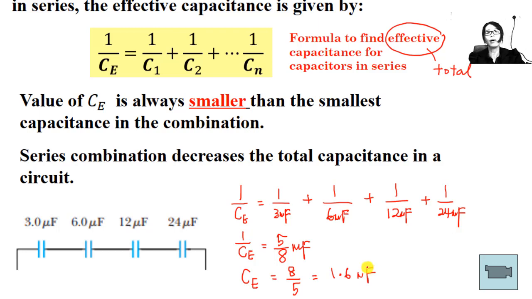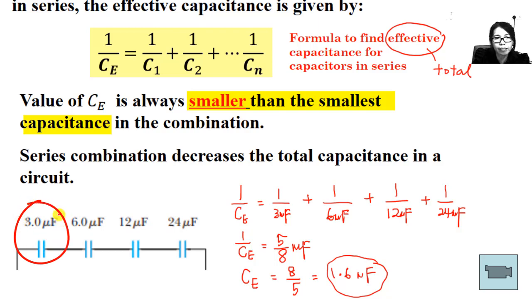So this is how we calculate the total capacitance of capacitors connected in series. And you will find that the total capacitance is smaller than the smallest capacitance in the combination.